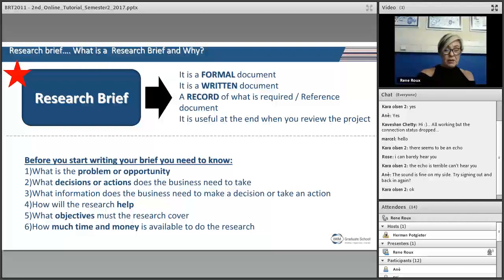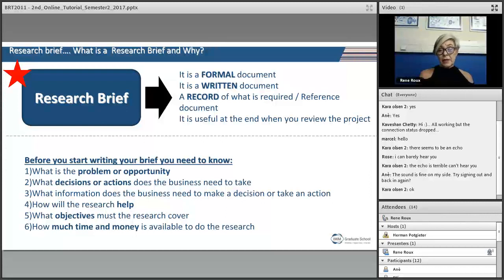So let's start with the first. What is a research brief? Sometimes people do a verbal research brief. It is not ideal. A research brief should be a formal document.